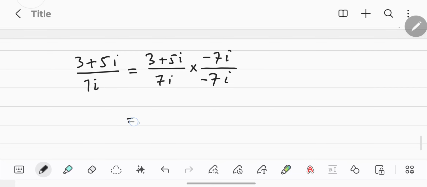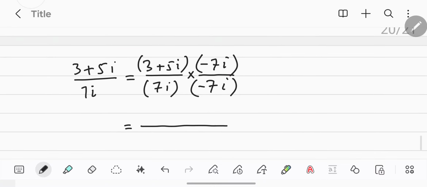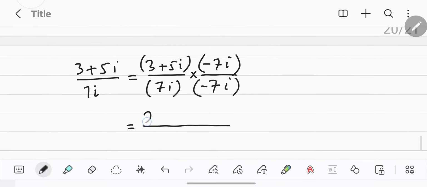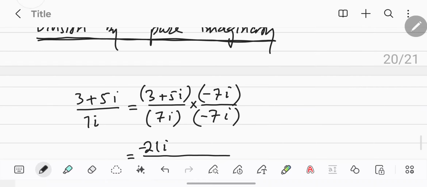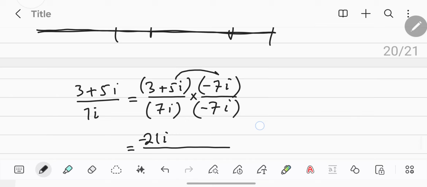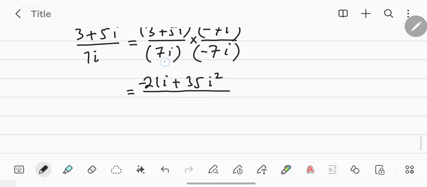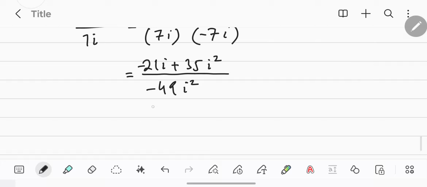Okay, now what will I do? I'll multiply the numerator with the numerator and the denominator with the denominator. Multiply 3 with negative 7, negative 21 iota. Now multiply this with this one, negative 5 times 7 is negative 35 iota squared. Similarly, multiply this with this one, negative 49 iota squared.